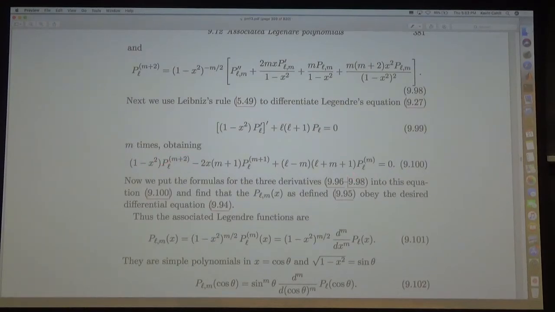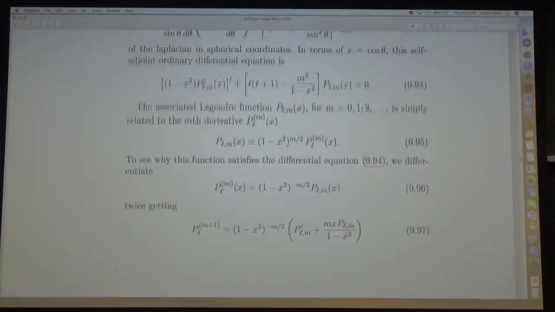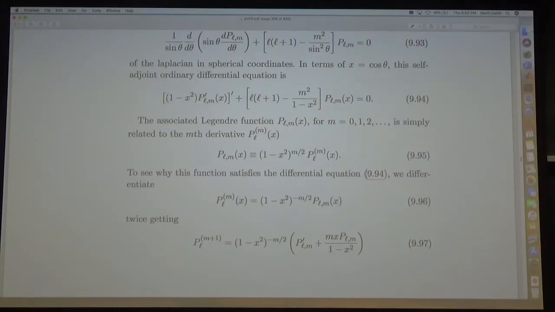Now if we substitute for the m plus second derivative of P_L, the m plus first derivative of P_L and the mth derivative of P_L, we put all of them into this equation, we find that the definition 9.5 actually does satisfy the original equation, which was this one, 9.94.